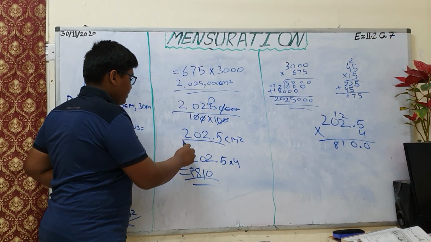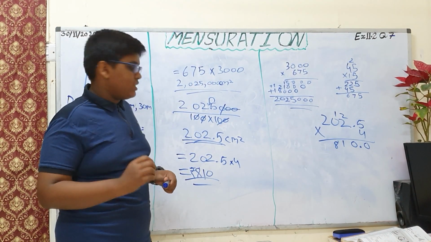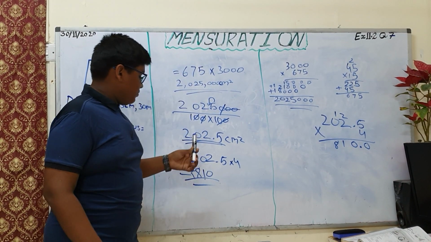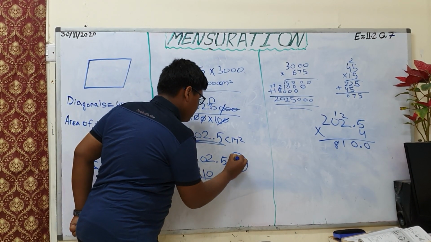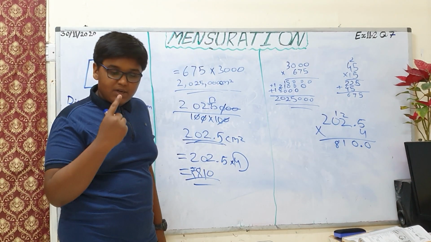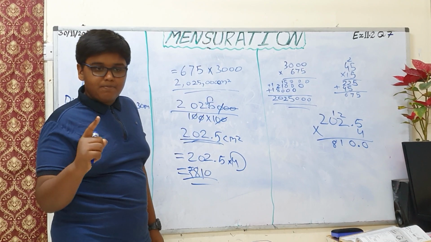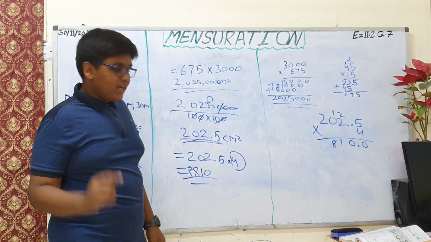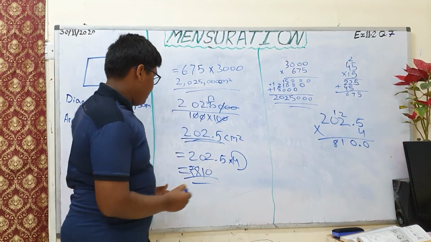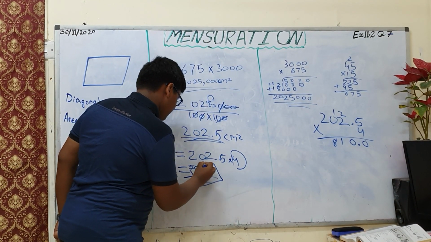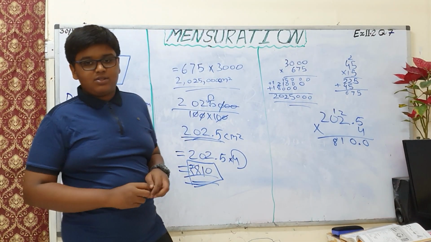Then when we got this number, 202.5 centimeter square, we multiplied it by the cost of polishing per tile. Then the answer we got was rupees 810. This was the cost. Thank you.